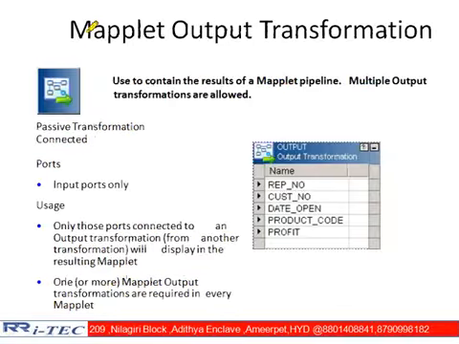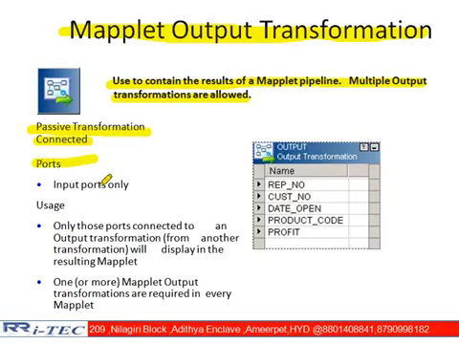Next one. What do you mean by maplet output transformation? Maplet output transformation is used to contain the result of a maplet pipeline. Maplet output transformations are allowed. This type is a passive transformation and it is a connected transformation. Ports: input ports only we are going to use.